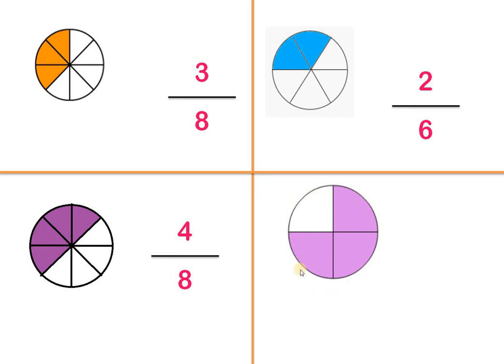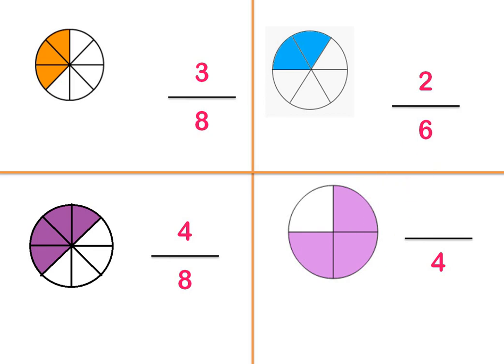This circle is divided into 4 equal parts. First of all, we have to draw the fraction line. Then we need to find out how many parts there are all together. 1, 2, 3, 4. So the bottom number is 4.